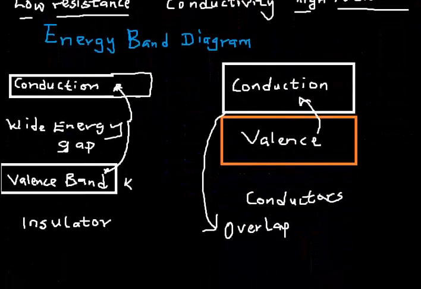Remember, this topic is about semiconductors. Now let's look at the energy band diagram of a semiconductor. For a semiconductor, the energy band is such that there is a gap, but that gap is very small.